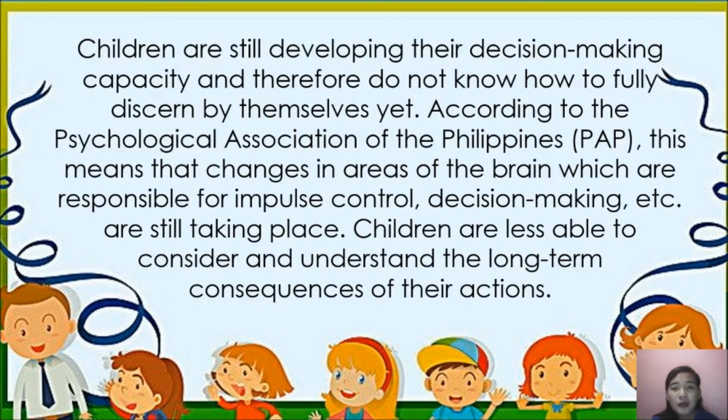Children are still developing their decision-making capacity and therefore do not know how to fully discern by themselves yet. According to the Psychological Association of the Philippines, children are less able to consider and understand the long-term consequences of their actions.